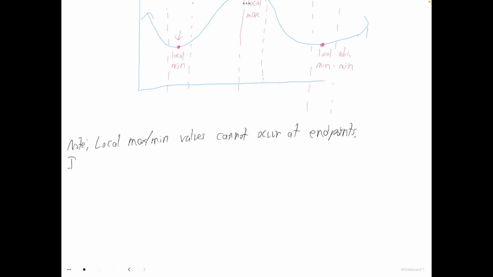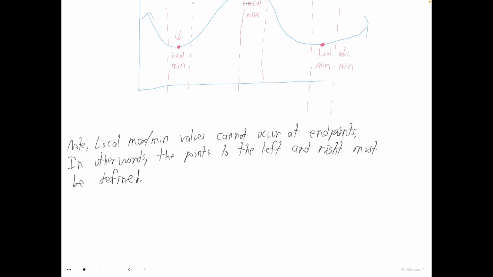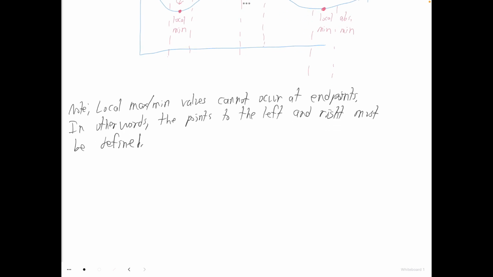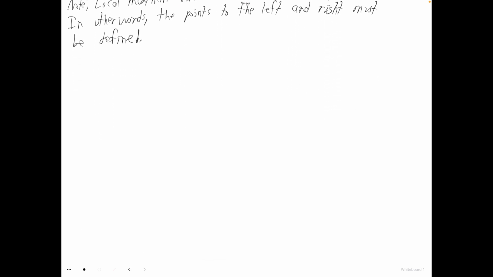In other words, the points to the left and right must be defined. So you can't have a local min or max at an endpoint. You have to actually be able to go to both sides of it. And we're going to see that in an example. So we're going to look at the following graph now.